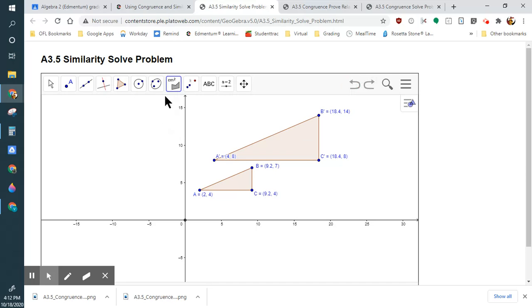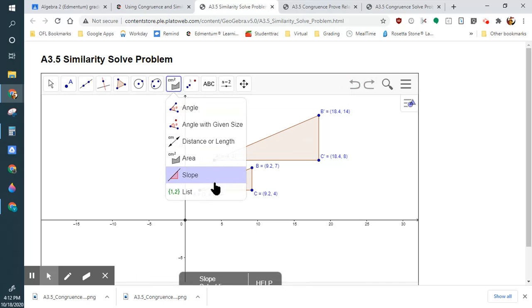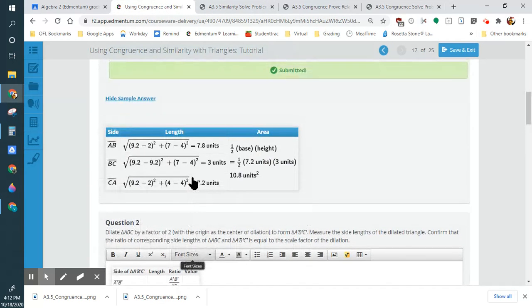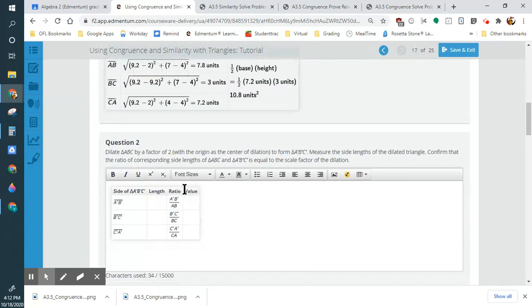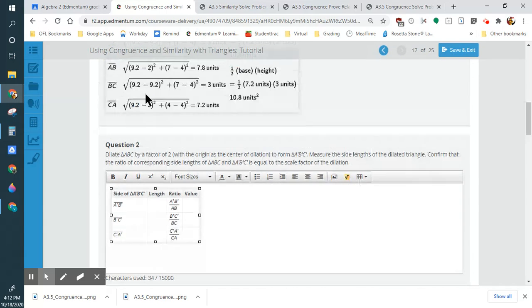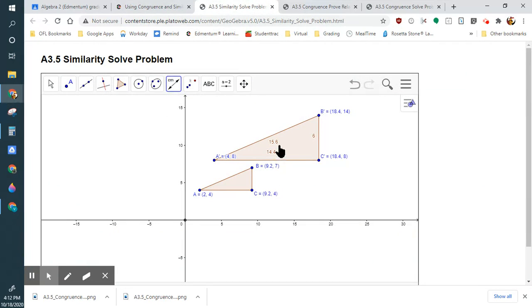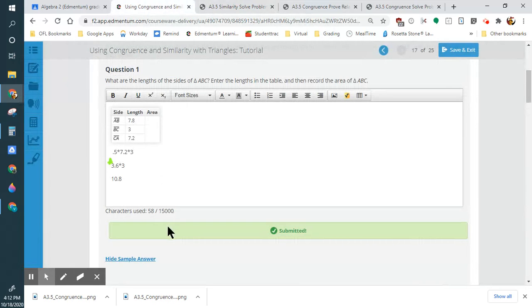All right, and I know what they're going to do. They're going to do the ratios and then multiply them. So check this out. If we look here, everything doubled. So the 7.8 doubled into 15.6.